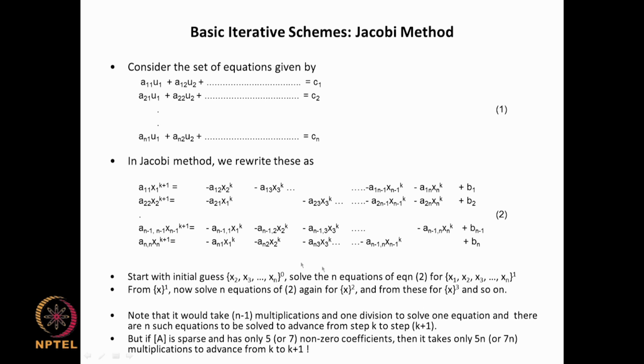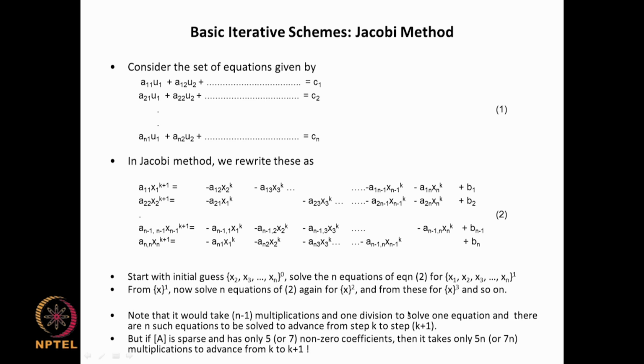So that means that if you need to go from step k to step k plus 1, you need to use a total of n multiplications or division for one equation, and you have n such equations. So that means that there are n square number of multiplications or divisions that are needed to go from step k to step k plus 1.